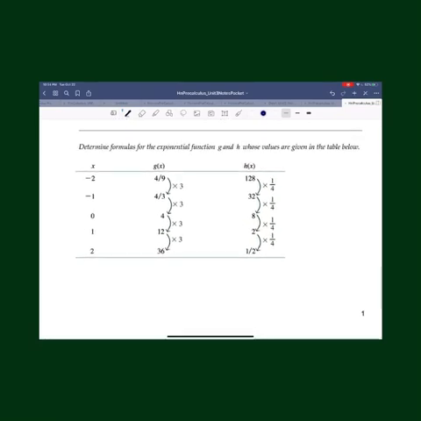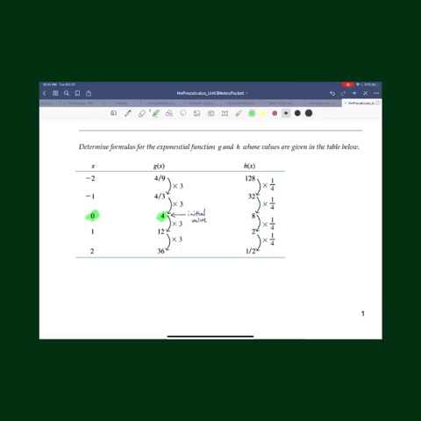Let's determine formulas for the exponential functions g and h, whose values are given in the table below. So the first thing to do when we write an exponential function is identify the initial value. So we see that when x is 0, g of 0 is 4. So that means that the initial value of g is 4.